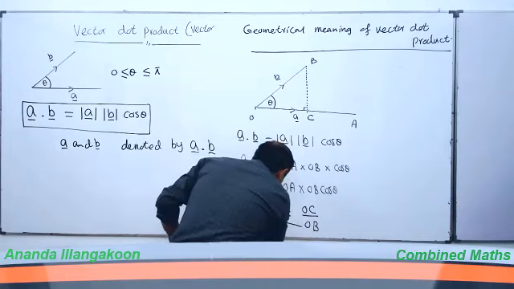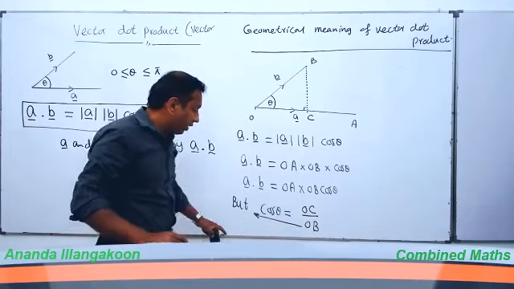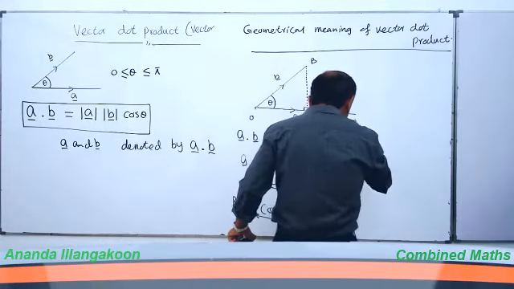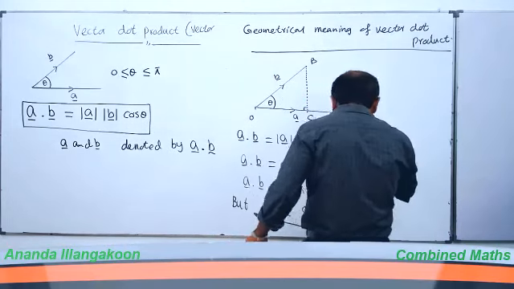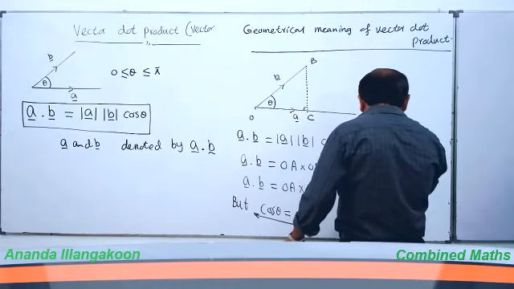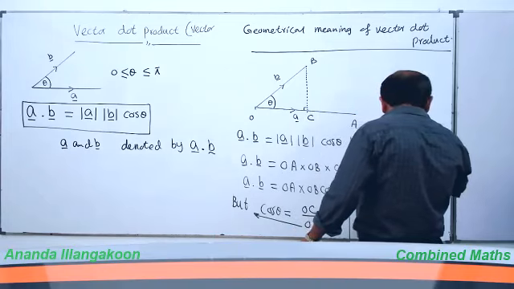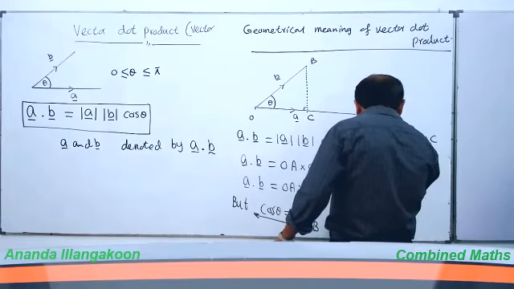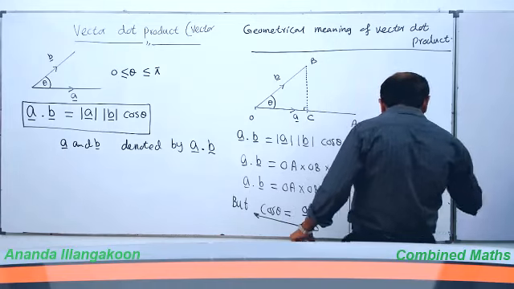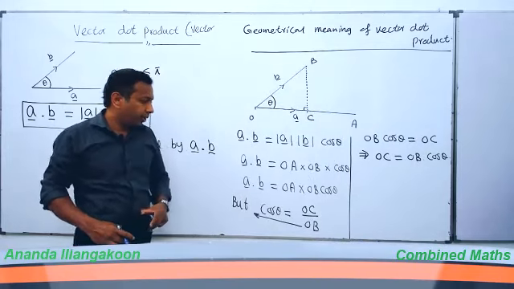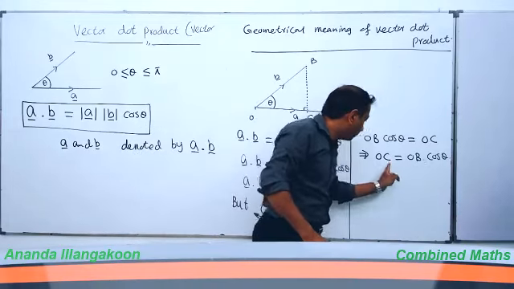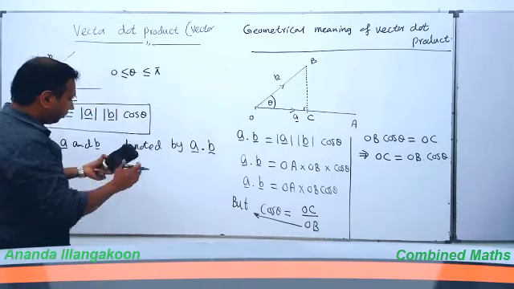Use the cross multiplication, then what do you get? OB cos theta equals OC. This gives us OC is equal to OB cos theta. Then for this OB cos theta, we can put OC. Then see what happens.